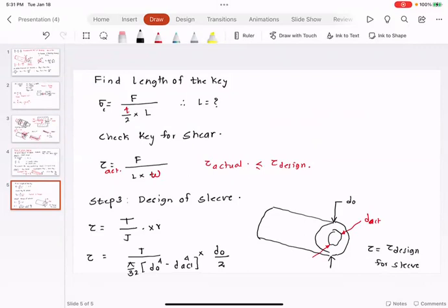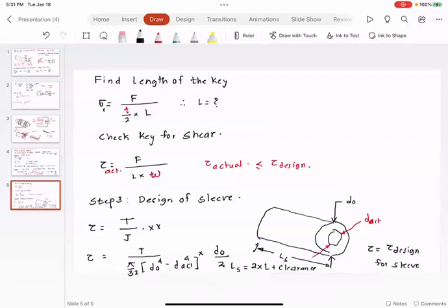Once this is done, you have to find out the length of the sleeve. And the length of the sleeve is usually 2 times LS, where LS is the length of the key, plus some clearance. Now, some of you may ask me, how much clearance?